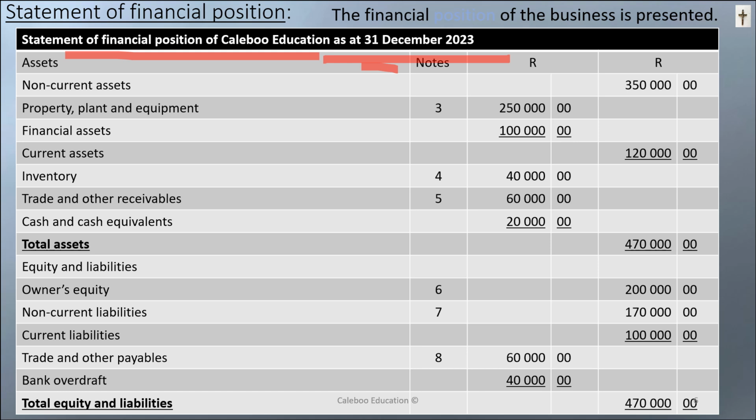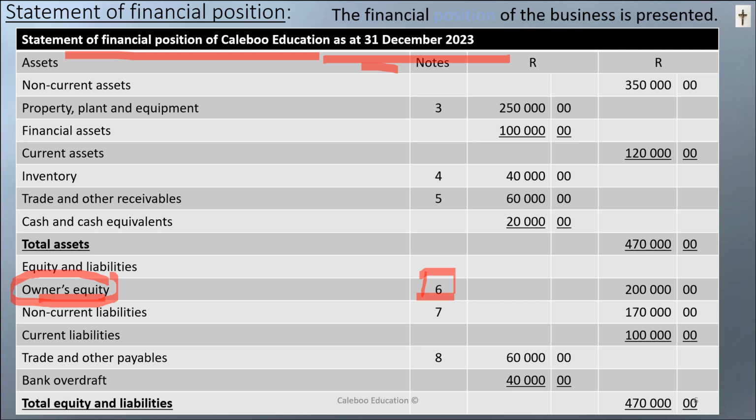By the way, the profit that was calculated on the previous statement, on the previous slide, is included in owner's equity. And the calculation of owner's equity will be shown in a note number 6 in this case. And like I said, when we do some exercises, I will go into a lot more detail with these statements.